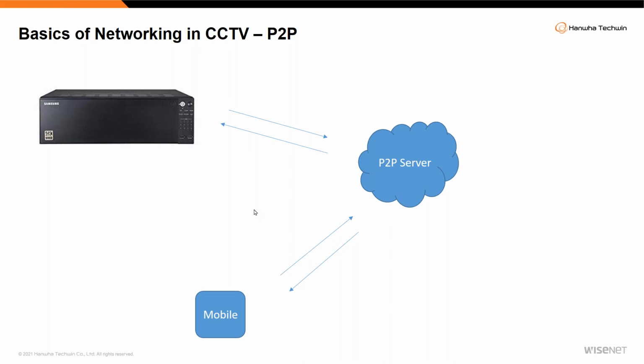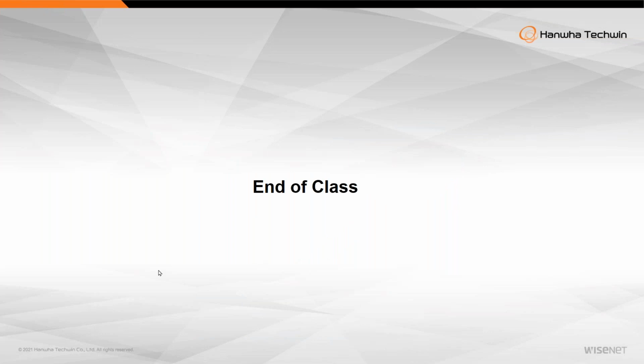All right, so that brings us to the end of today's class. Today, what we covered is basically what's VMS, what's a typical NVR, what is the purpose of it, and we saw storage types. Then we saw RAID, then we talked about RAID 1, RAID 5, RAID 6. Then we saw control room.